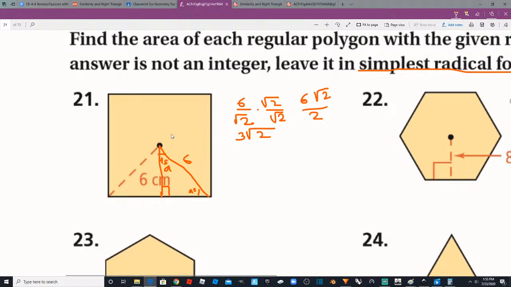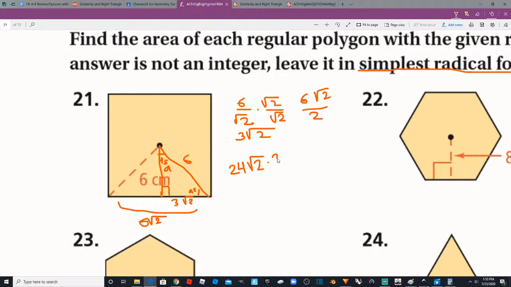Now, our perimeter would just be 3 root 2 because that's a 45, 45, 90 triangle. So 3 root 2 and 3 root 2. This is just half a side length because we want to double it. So this whole side will be 6 root 2. And we multiply that by 1, 2, 3, 4, and we'll get 24 root 2.